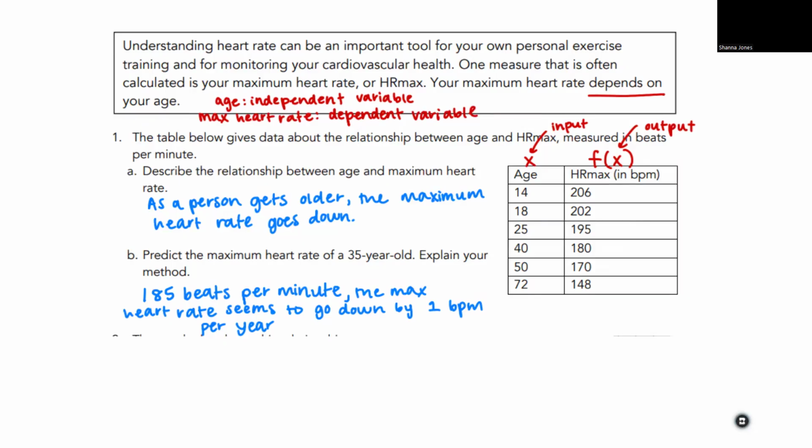Did we resort to regression? Did it feel normal? Because we did it 1,000 times in Algebra 2. So I like to believe that somewhere deep down in your soul you know how to do it. I came out with about 185 beats per minute as the max heart rate. It seems to go down by 1 beat per minute. What did y'all get? Were you in that range of 180? Yeah. Perfect.